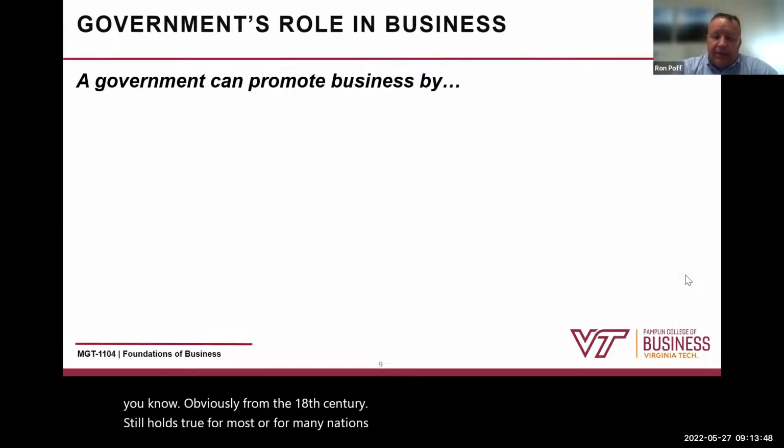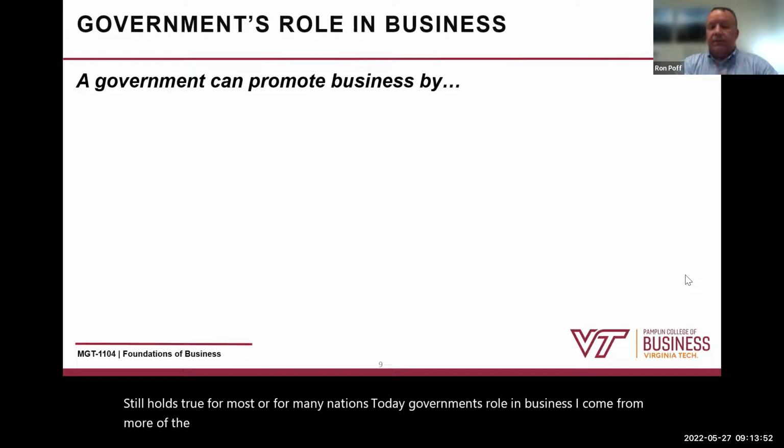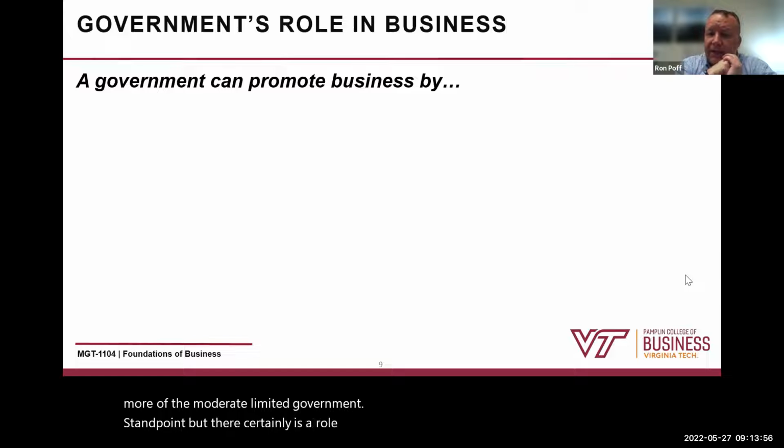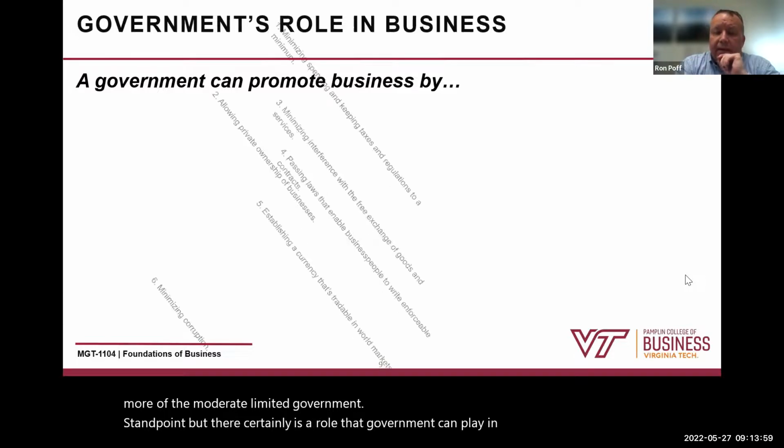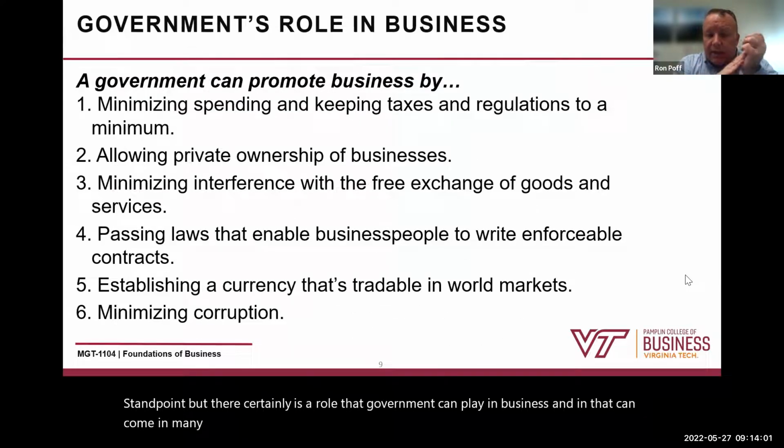Government's role in business, I come from more of the moderate, limited government standpoint, but there certainly is a role that government can play in business, and that can come in many, many different ways.